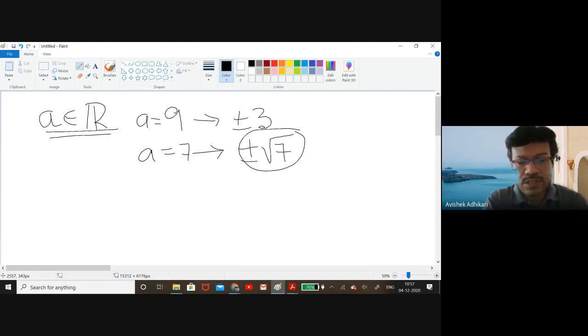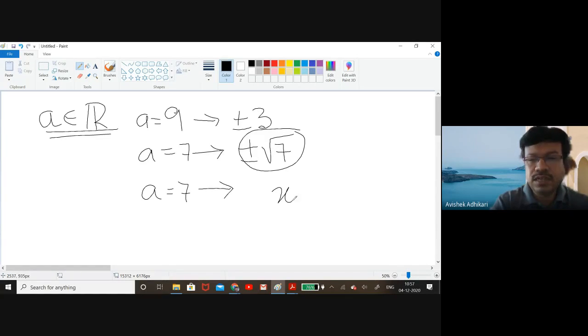But if I ask you, can you find the square root of 7 in integers, that means I want to check whether this equation has a solution in Z.